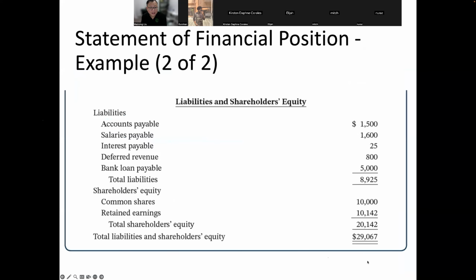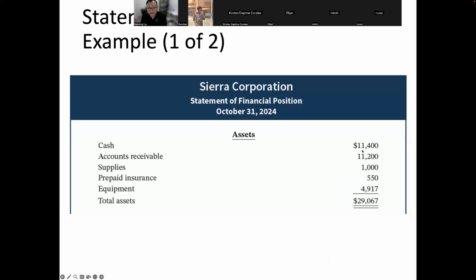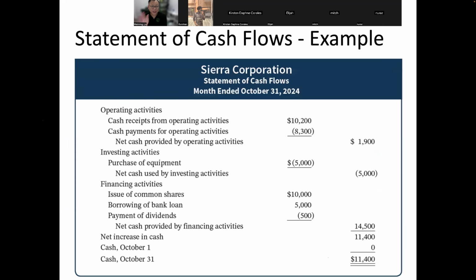So is that true? Take a look. The statement of financial position tells us that the cash position is 11,400. Well, it started with 0. The company is new, and now it ended up with $11,400 cash. Where does this cash come from? This statement will tell me.